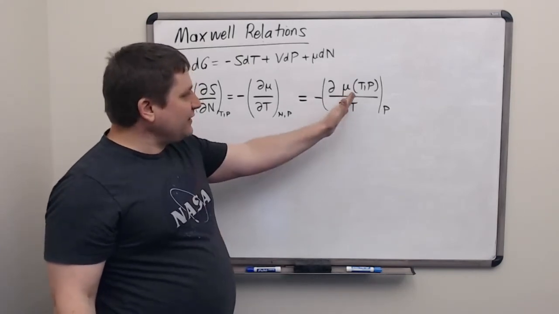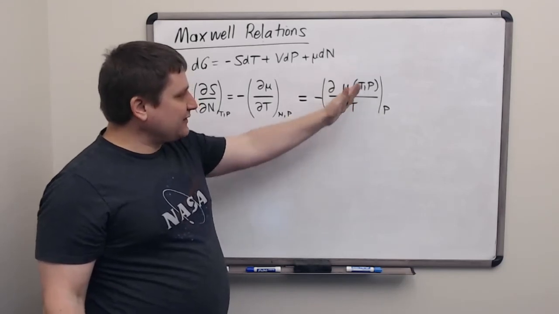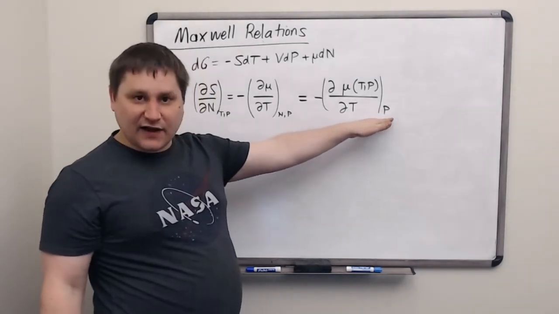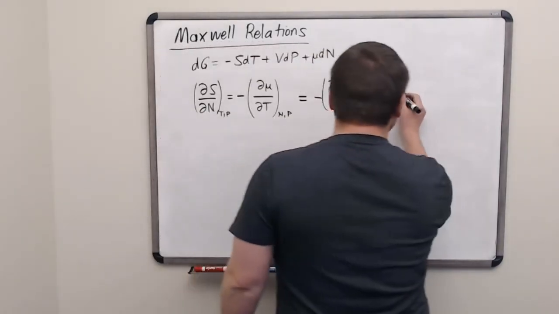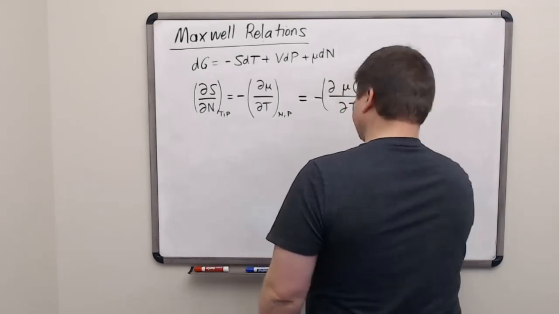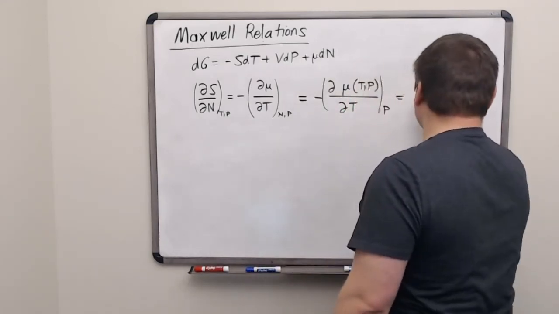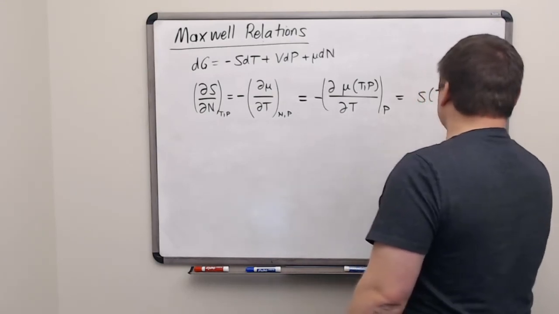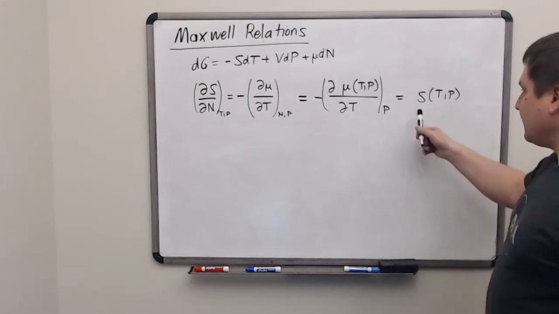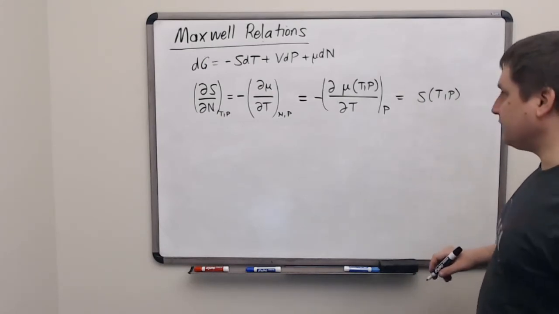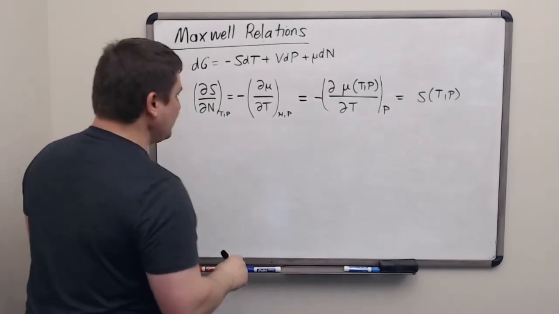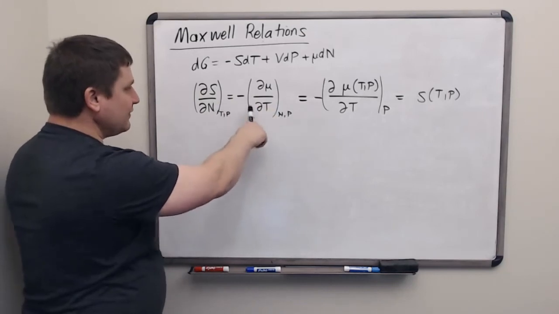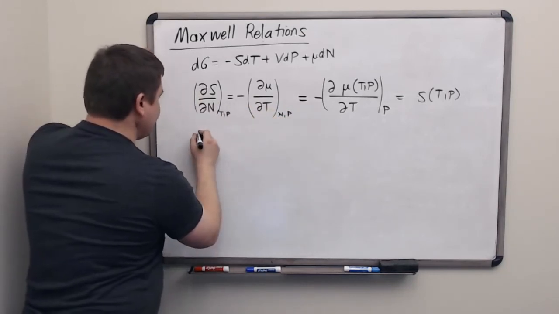And this derivative then takes that derivative with respect to the temperature term. No n's appear in the derivative, so I don't even need to specify that n is held constant. This result is going to be some function of t and p alone. I'm writing this function as a lowercase s for a specific reason. Because of the Maxwell relationship, we know that this d mu dt with a minus sign in front is equal to ds dn.